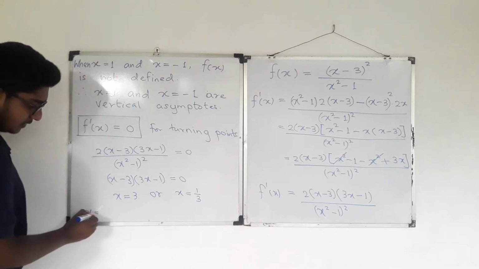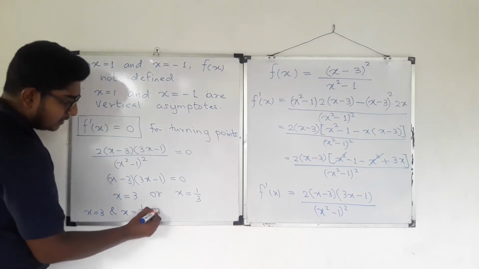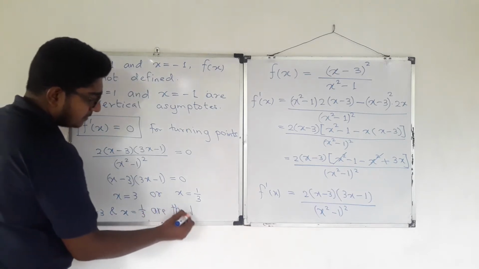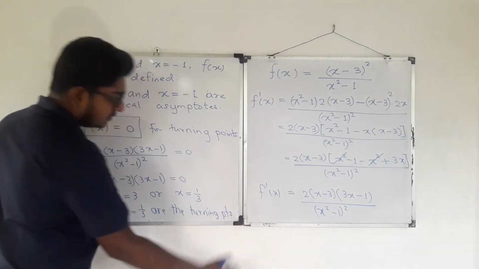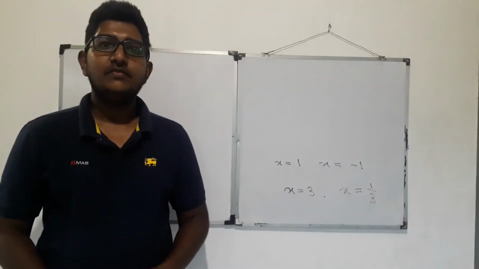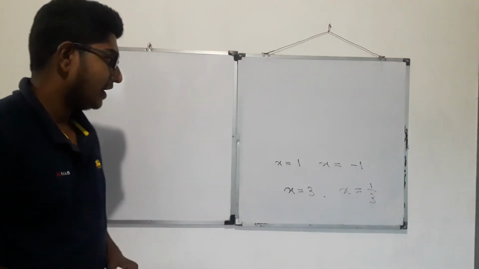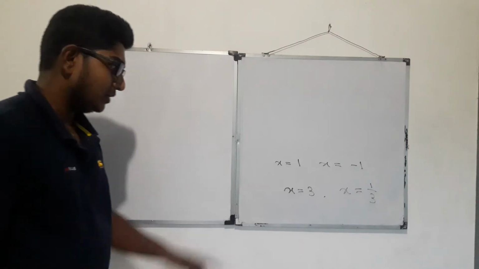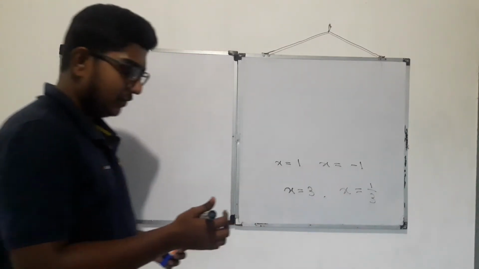Therefore, x equals 3 and x equals 1/3 are the turning points. Now we have already found the vertical asymptotes and turning points. So these two are the vertical asymptotes and these two are the turning points.